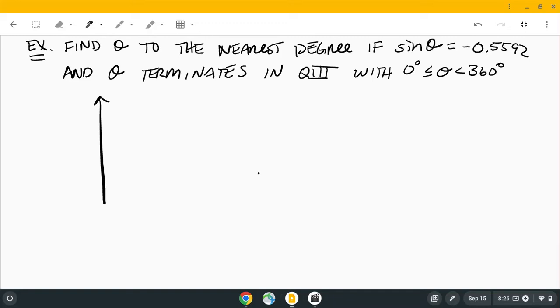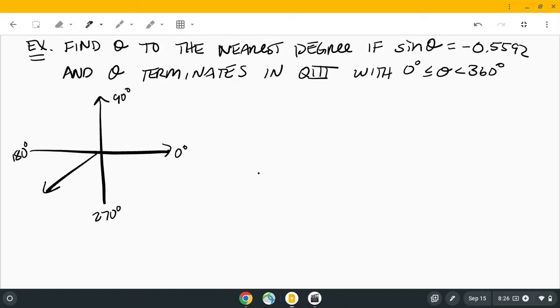Let's just draw that. Here is 0, 90, 180, 270, and we know it terminates in here. When we use the inverse function, what we end up getting is actually the reference angle.